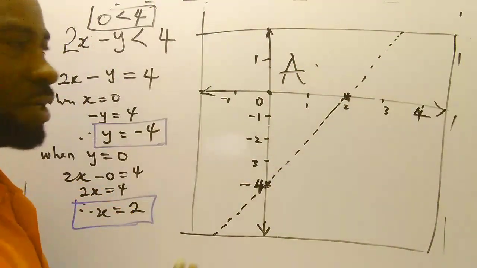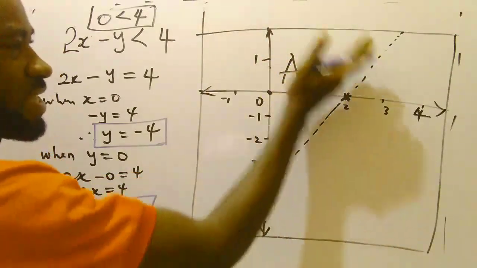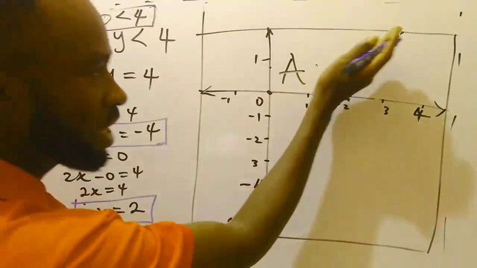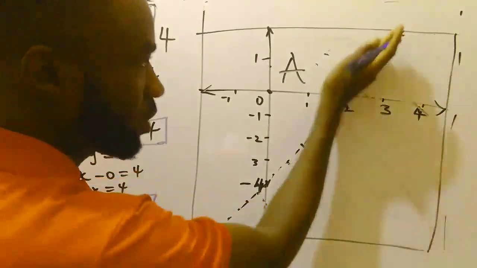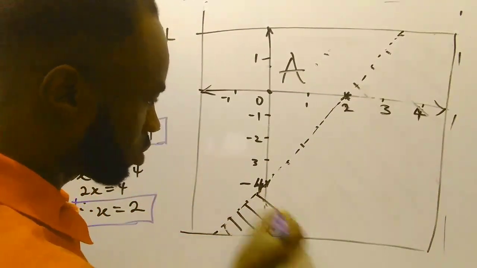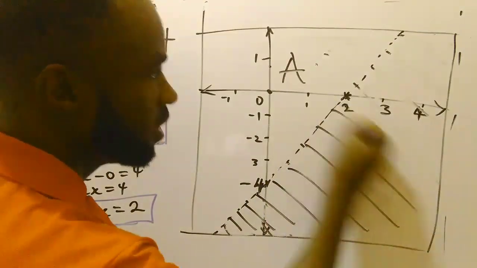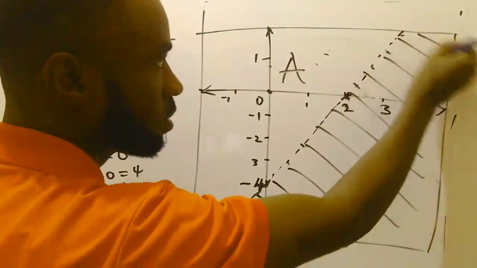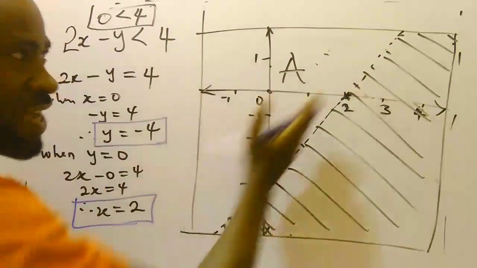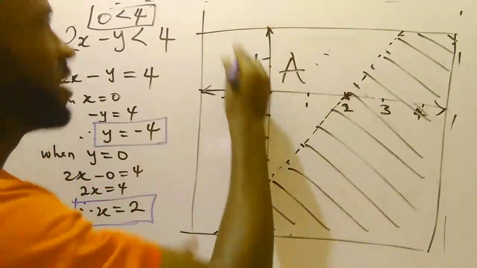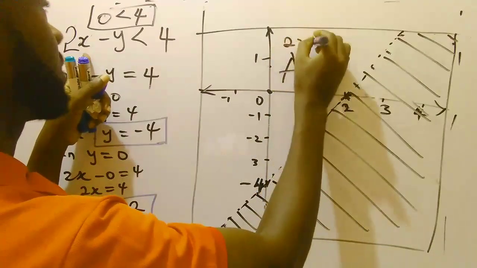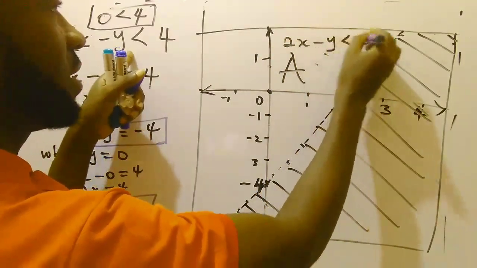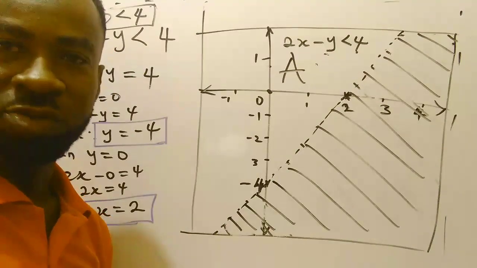So you leave it blank, that's the accepted region. This other side is the rejected region, so we are going to shade this rejected region. Then the other side that is not shaded is the area representing our 2x minus y is less than 4. And this is how to plot the graph.